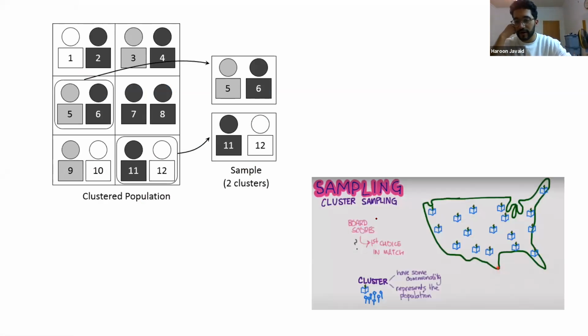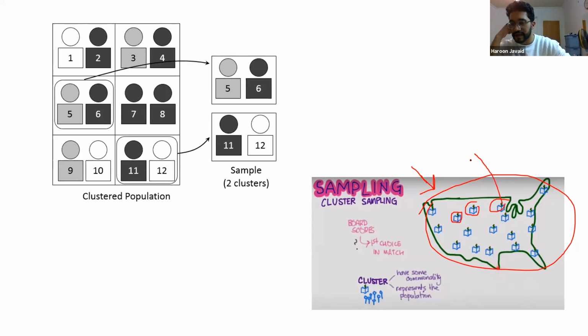If we go over here, you have this population of medical students all over America, okay? Then what you do is you divide them into different colleges, different medical schools. Then you randomly choose the number of medical schools you need, okay?